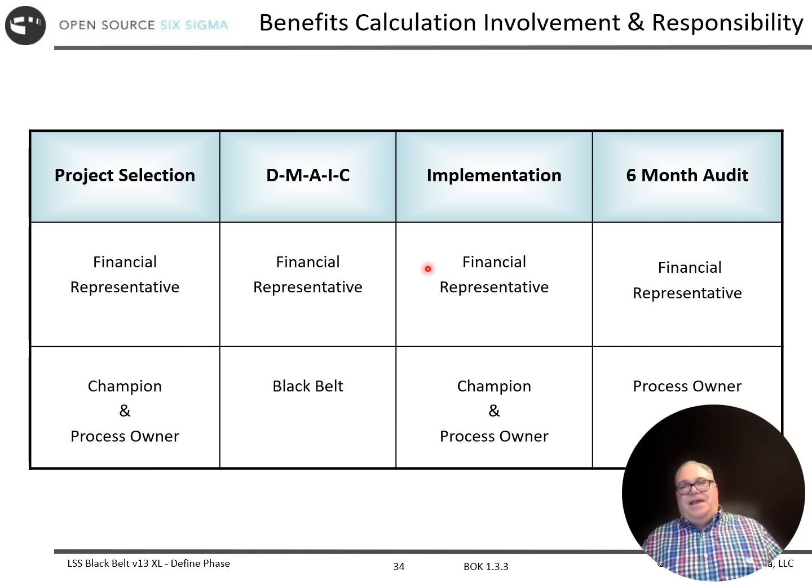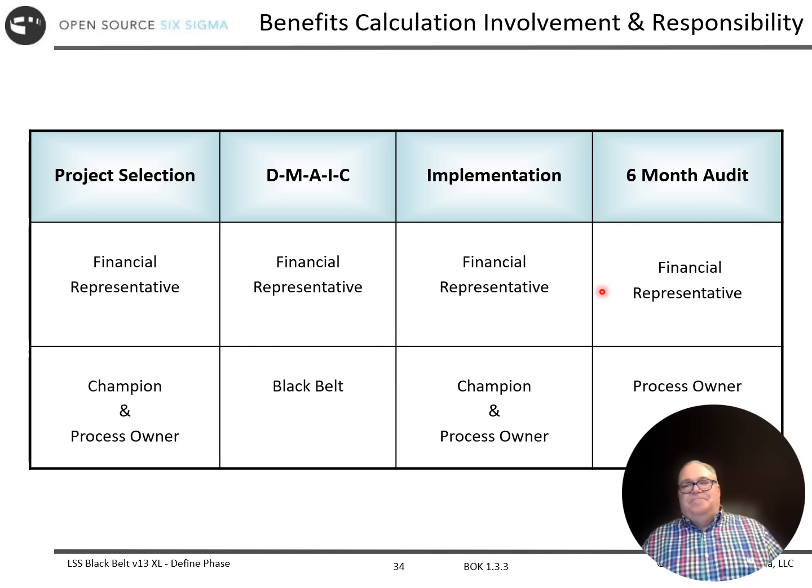Right? You can see finance is sprinkled in here all the way across as part of the process. Pretty heavy up to define and measure. Then, unless there's a big change, they're going to come back in and be more heavy in control when we book the savings.